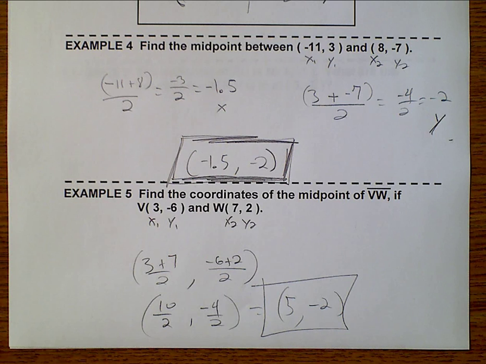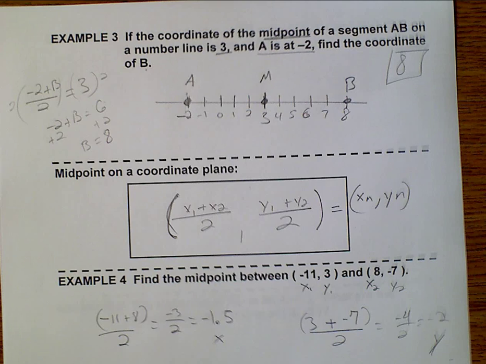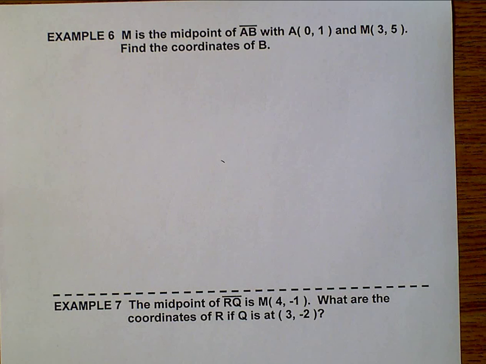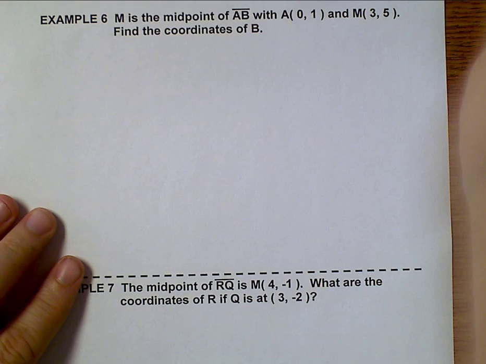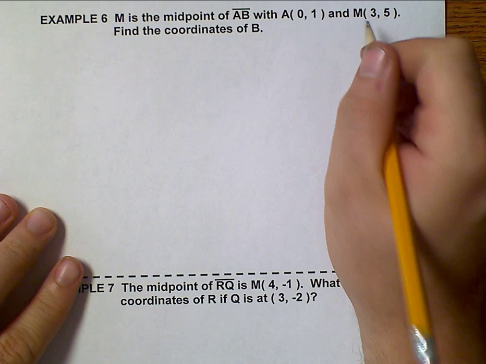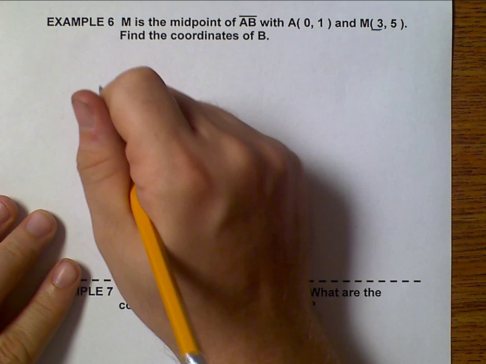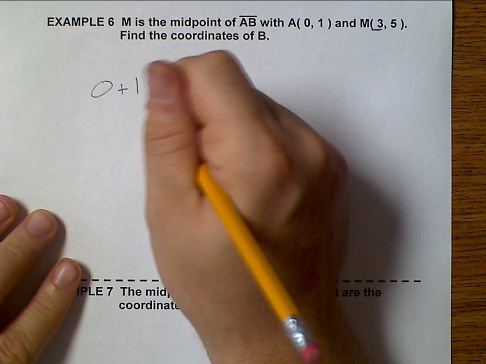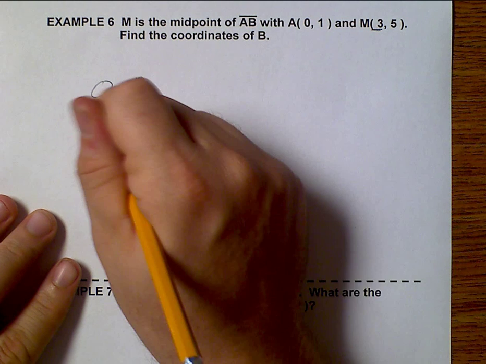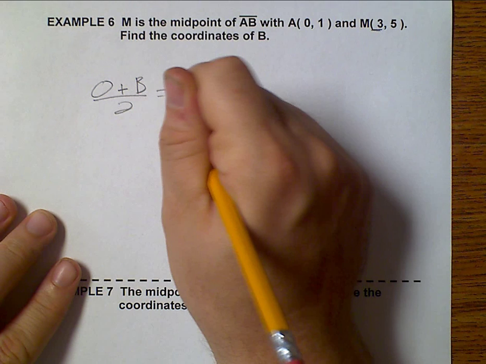But what if, like for example number 3, they give us the midpoint? Well, let's have a look. I know my midpoint is 3. So 0 plus my end divided by 2 equals 3.